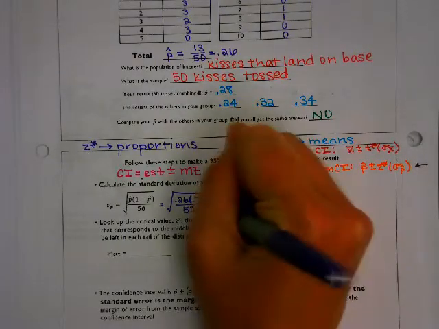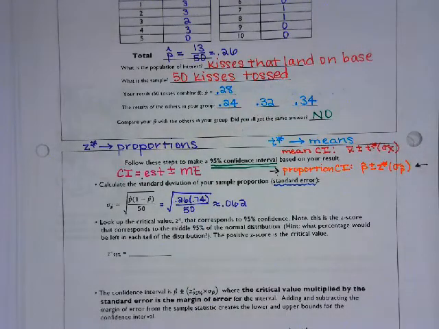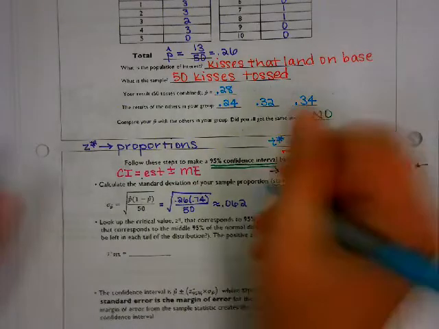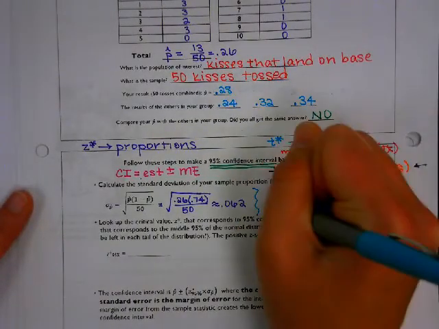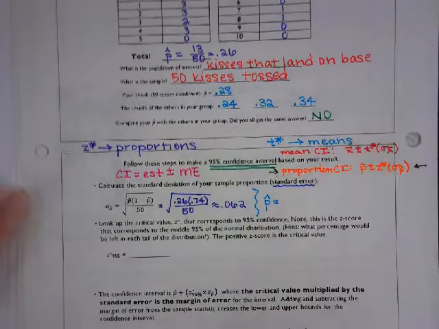Okay, so we'll just go to 0.062. So, let's see. I'm going to pick on somebody. Let's go with Shelly. What was your p hat? 0.24.